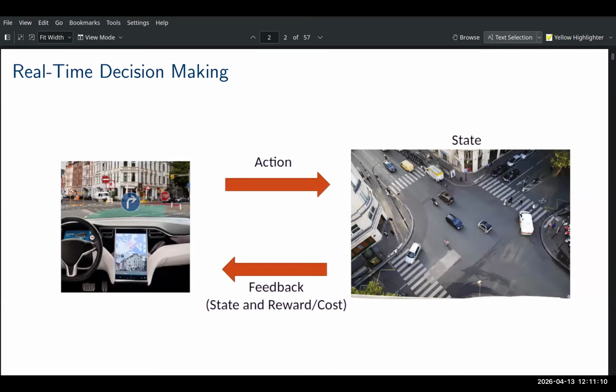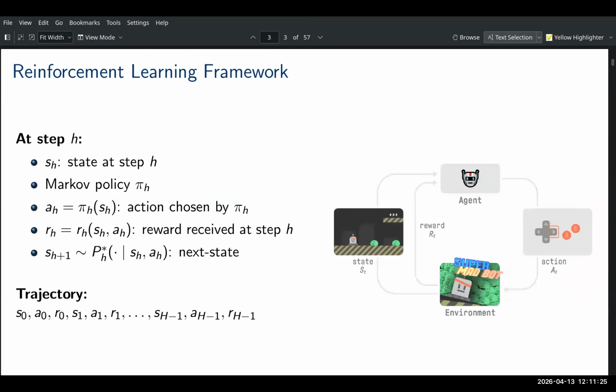For example, you're getting closer to pedestrians, so you want to react to that. Or you have not crashed, so you're at least happy. Based on that, you define an underlying reward, and the agent tries to have interactions with the environment to reach its goal.